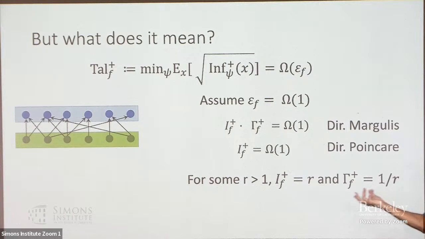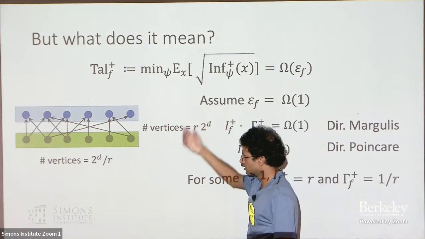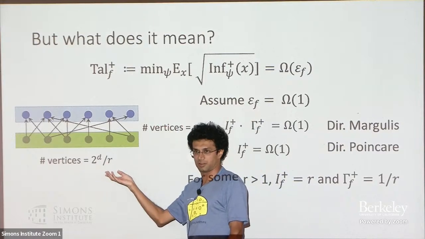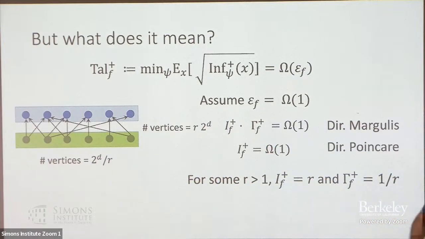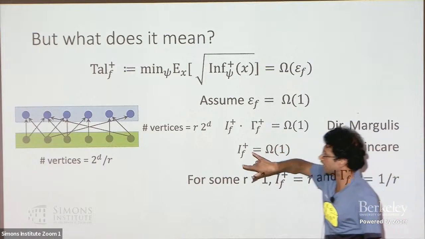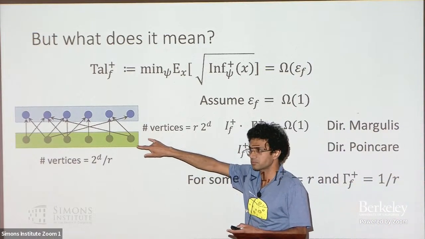So there's some r for which this is true. In your boundary, there exists some r so that the number of vertices is 2 to the d divided by r, and the number of edges is r times 2 to the d. So what Margulis basically implies is that the boundary looks like this, or at least contains this.